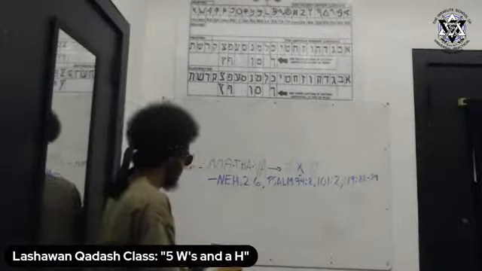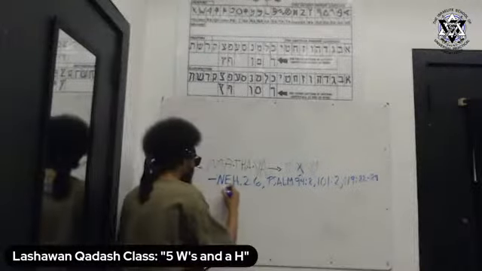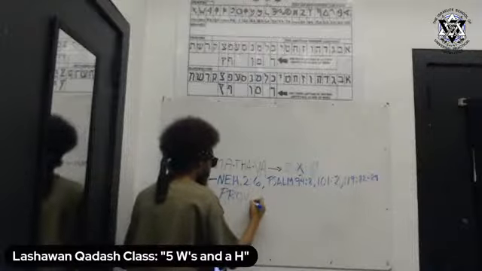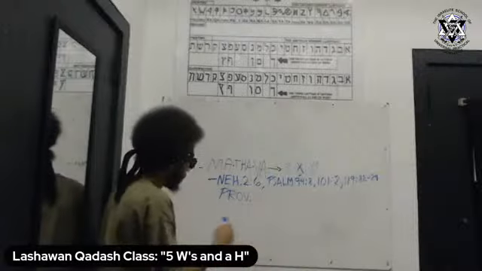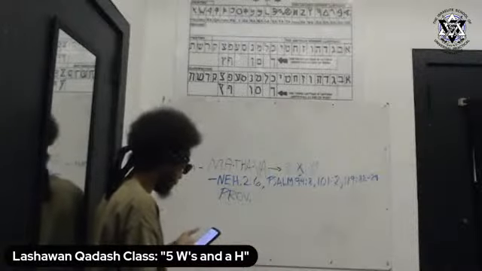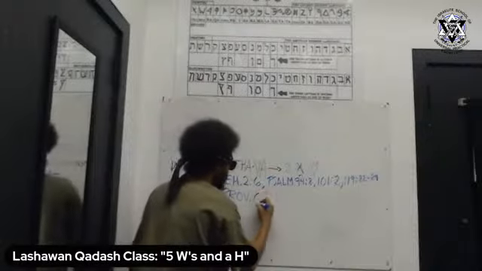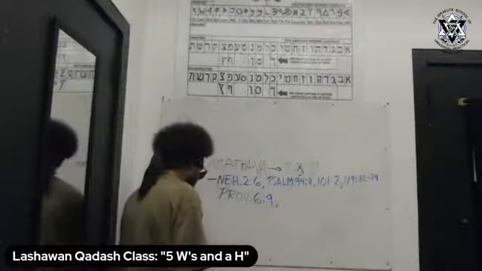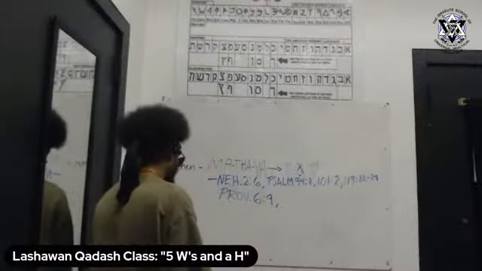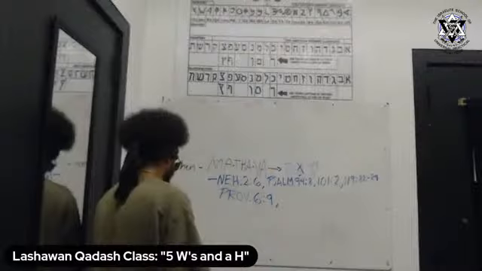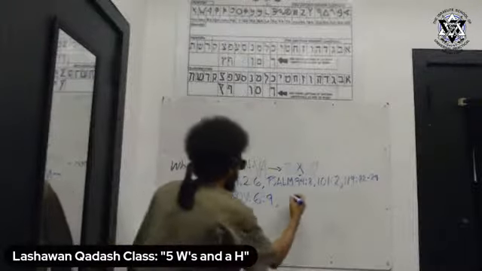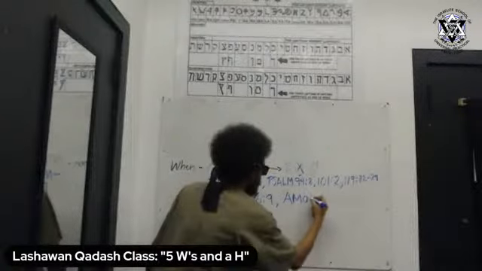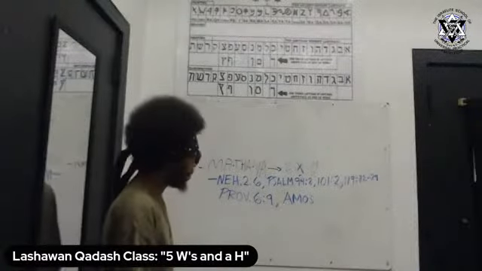Now let's continue. We got Proverbs. Prov, Proverbs just to abbreviate it. Chapter 6, verse 9. Then we got one more. Yeah, Amos. Some people may say Amos, Amos.